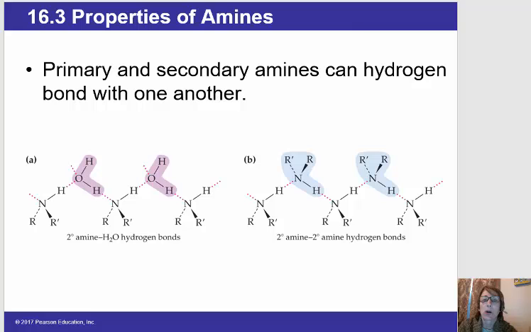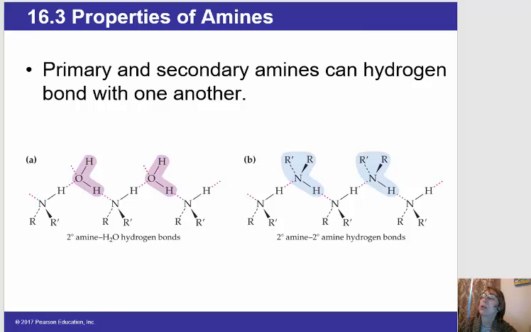So primary and secondary amines have 2 and 1 hydrogens respectively bonded to the nitrogen. And we know that anytime a hydrogen is covalently bonded to a nitrogen, it can hydrogen bond. So primary and secondary amines can hydrogen bond with one another.